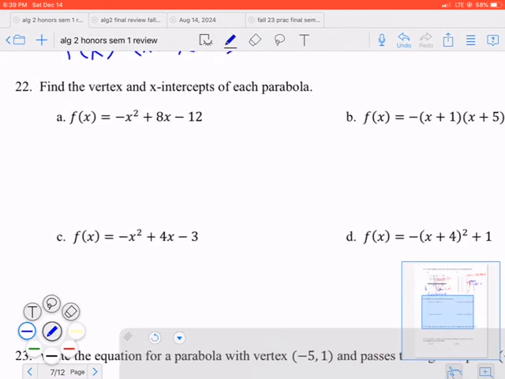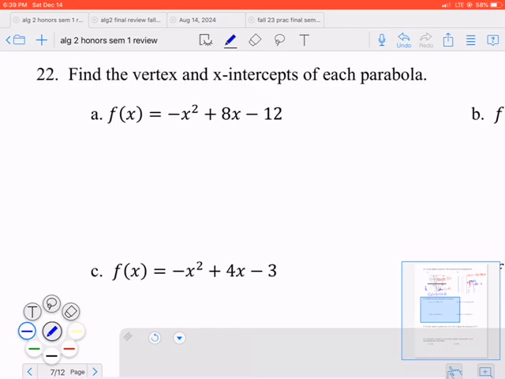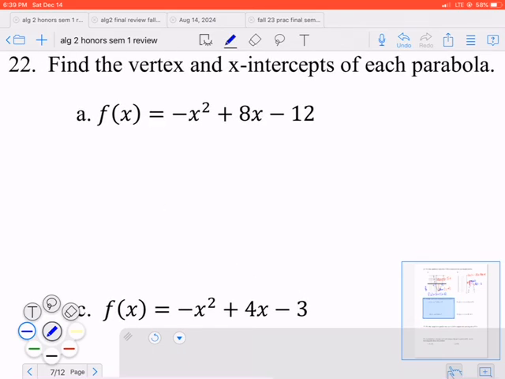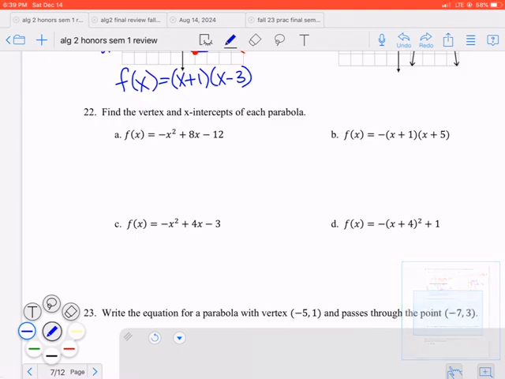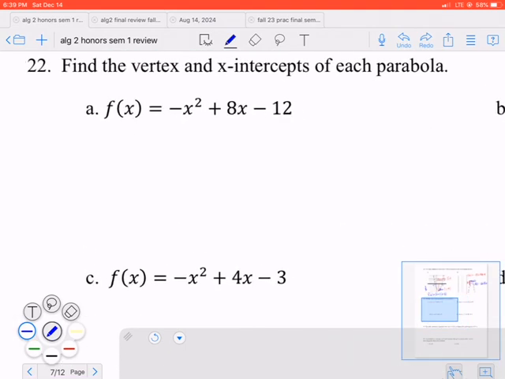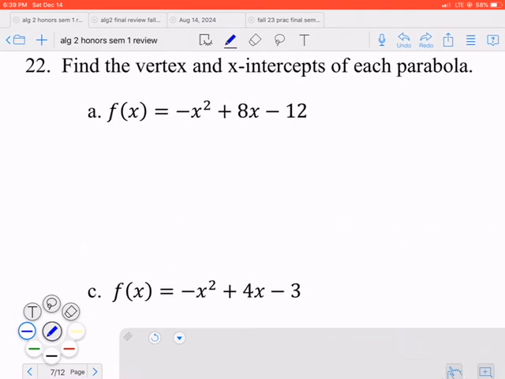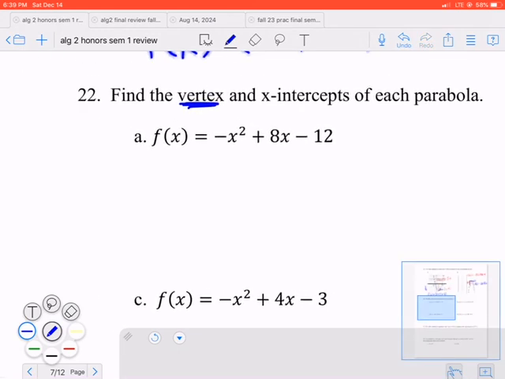Find the vertex and the x-intercepts of each parabola. So I want to remind you that you get to use those graphing calculators, and so that would be a way to double check yourself, because it will find the vertex and the x-intercepts.